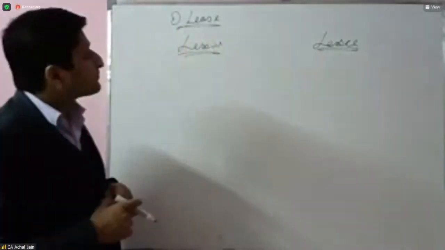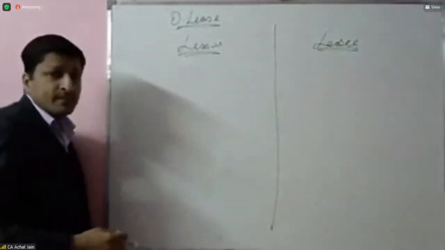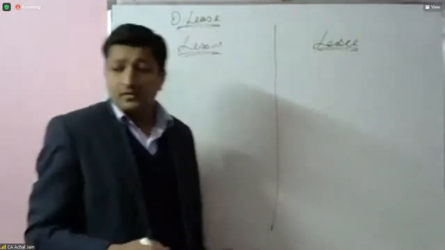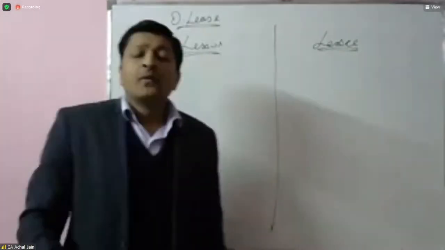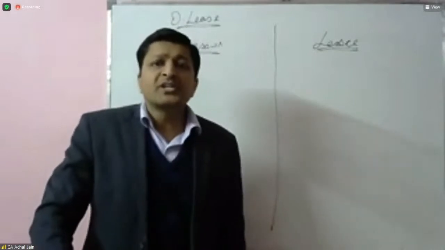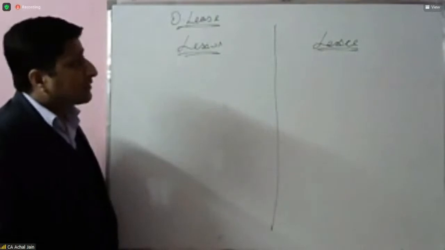Let's understand how this will be recorded. Let's suppose a machine is given on lease by lessor to lessee for 3 years. The rent of the machine is 30,000. So in the first year, what will the lessee do?